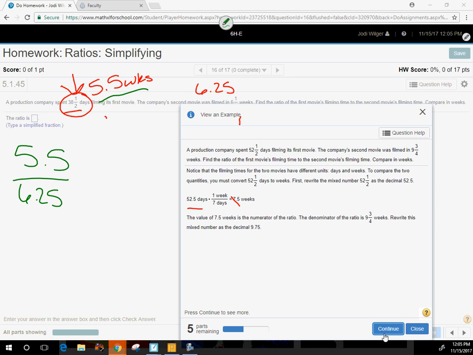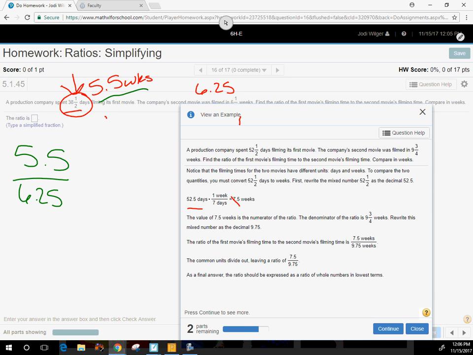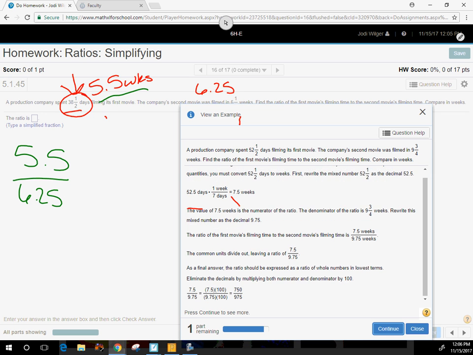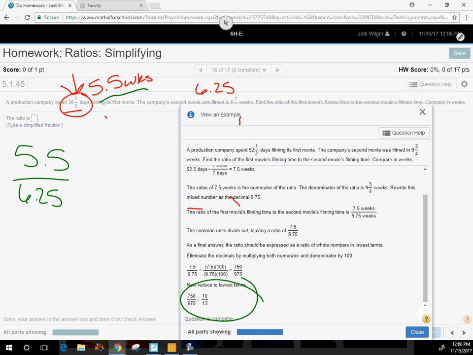And if you continue to go through the example, it's going to show you to bump the decimal. Remember on that last video I said ditch the decimal. Wow, they do a lot of explaining here. Okay, so right there, finally they're ditching the decimal by multiplying by 100. Keep going. Then they simplify. So that's all you have to do.